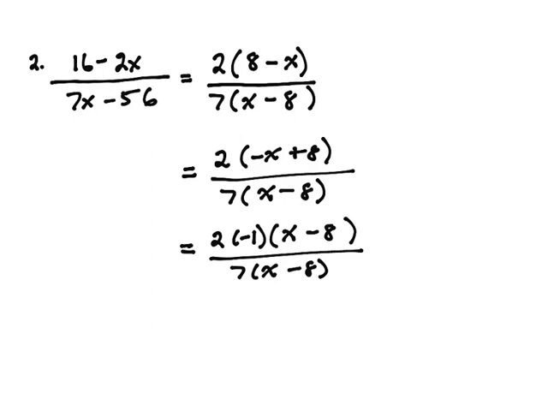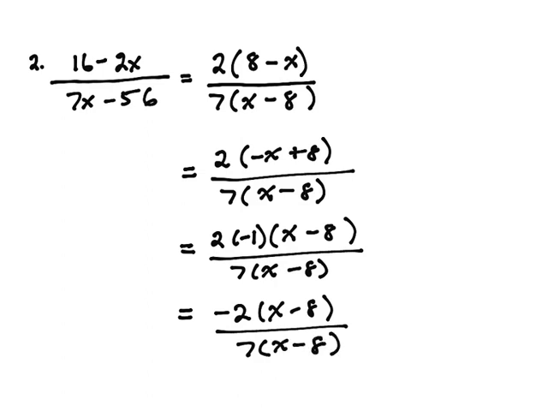Because you've got to be able to distribute back and see if you can get the original polynomial. So when you do a minus 1 times x, you get minus x. When you do minus 1 times negative 8, you get positive 8. So this is going to equal negative 2, because a 2 times a negative 1 is a negative 2. Everything else stays the same.